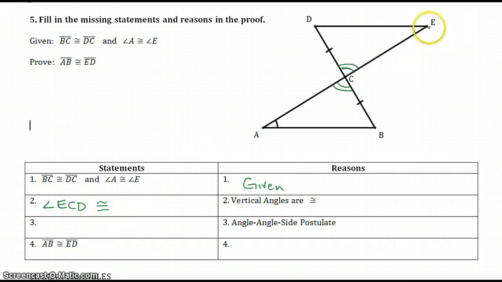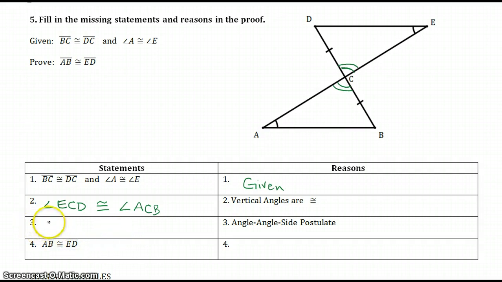Now we started with E, which is on the long leg here. So when we do the lower triangle, we need to start on the long leg also. So this is going to be our angle ACB. And that's because vertical angles are congruent.